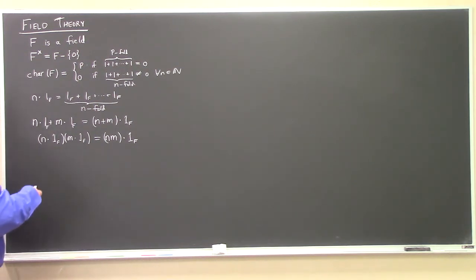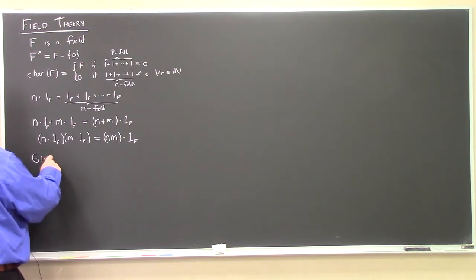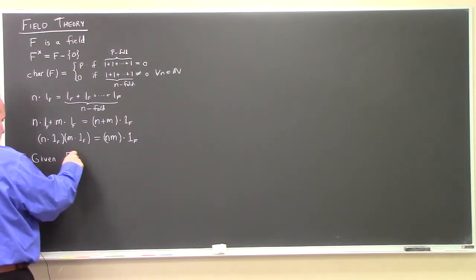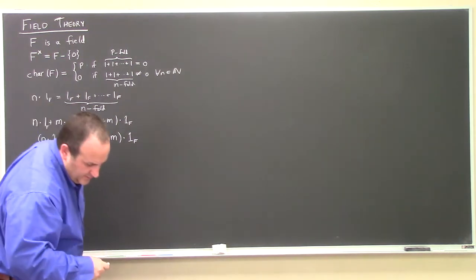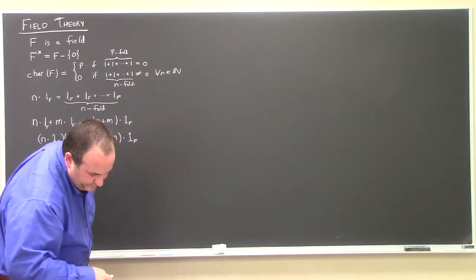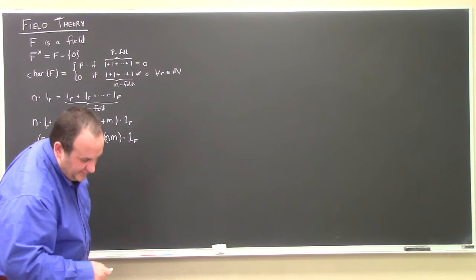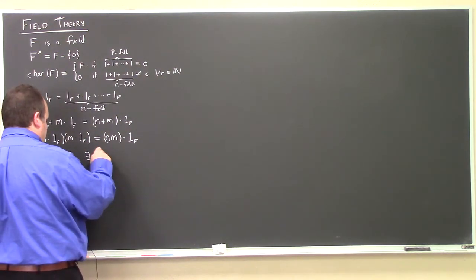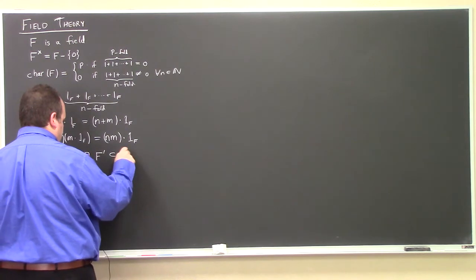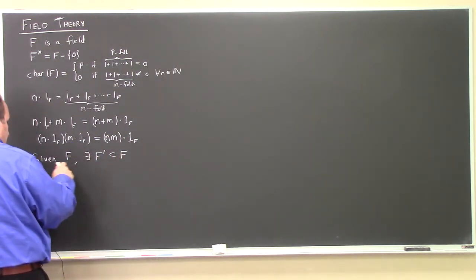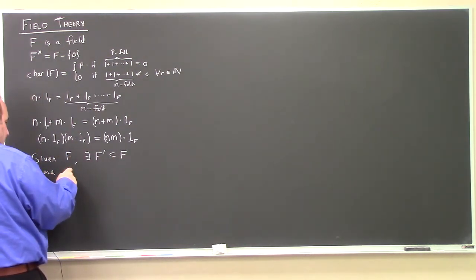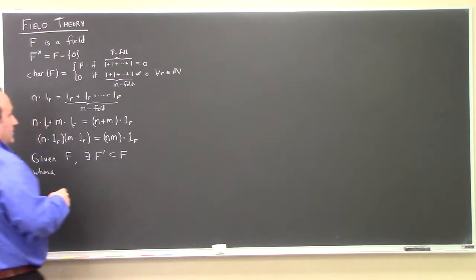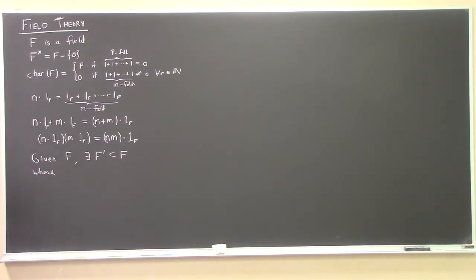Essentially, these allow us to build the prime subfield of a given field, right? So given F, there exists, let's say, F', a subset of F, where we can build this F' from, it's generated just by 1.